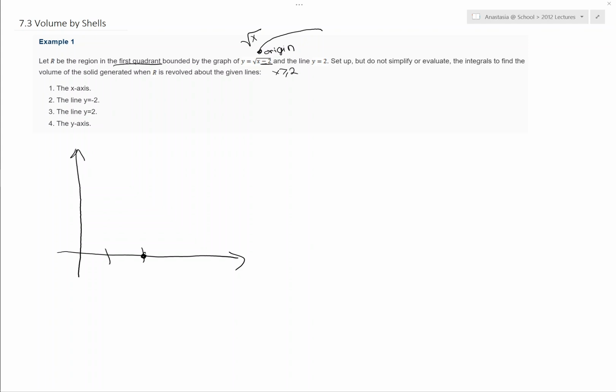So we're going to have the beginning of our square root function there, and then the normal square root shape of the function. So that is y equals the square root of x minus 2.